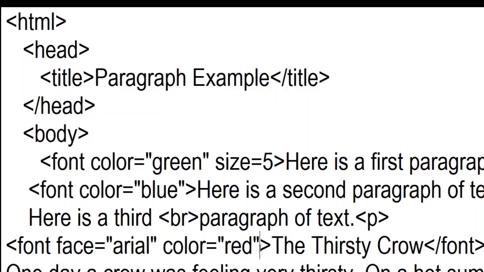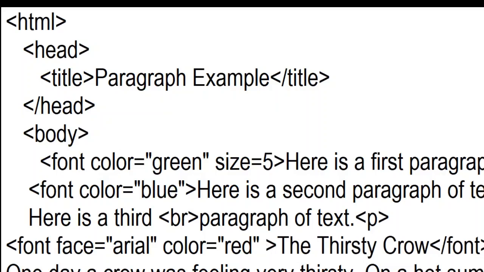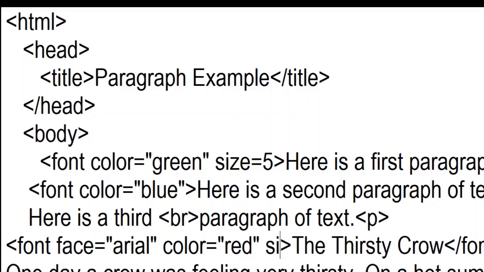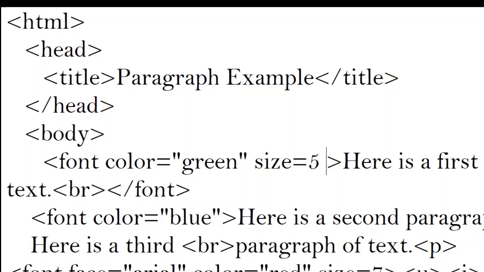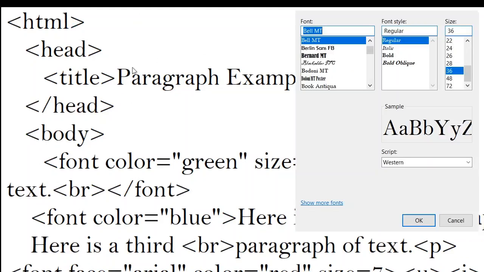We change the size also. So let's start. We also want to change the size, then give one space again, then write down size is equal to, for example, 7. And what do we mean by the faces? You can see here format, font, and these all are your faces.